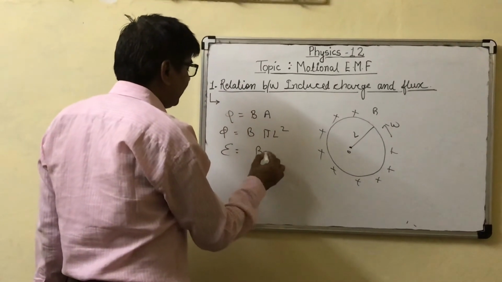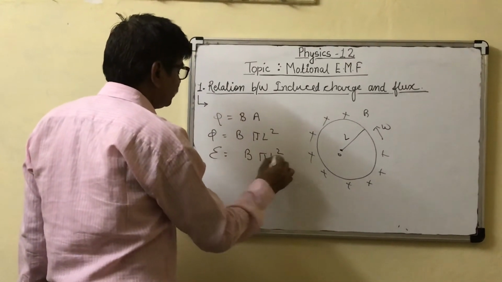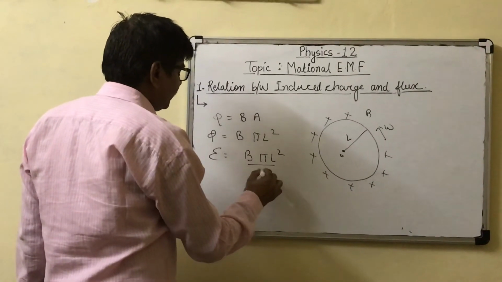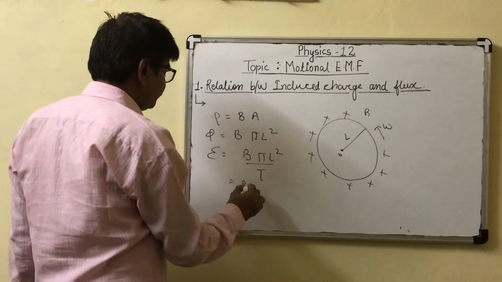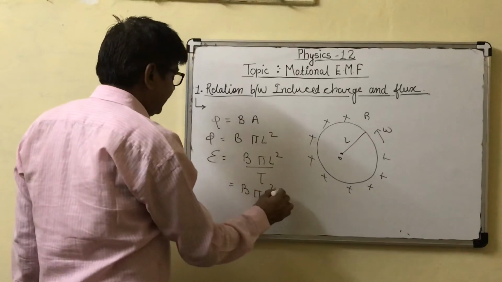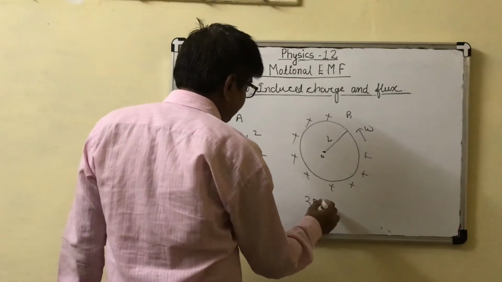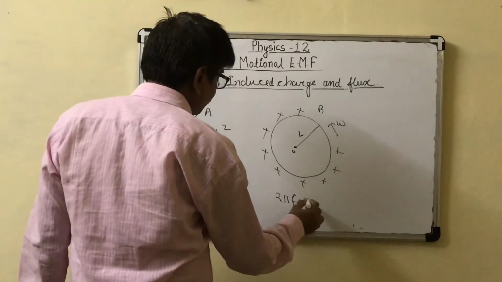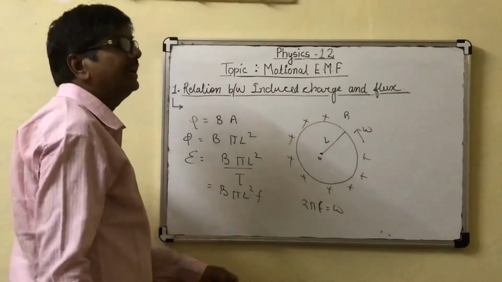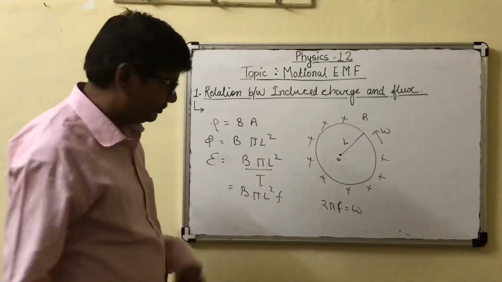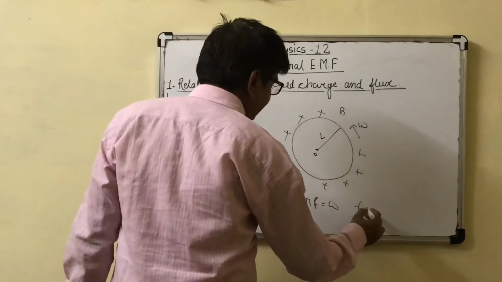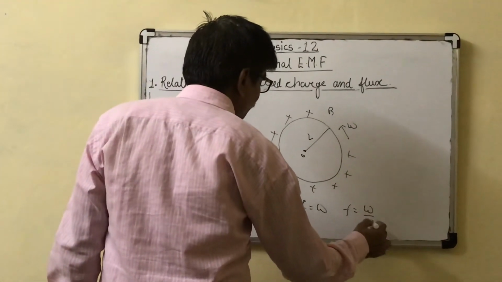So phi is B pi L square, and dividing by the time period T, that is B pi L square times the frequency. 2 pi times frequency equal to omega. Omega is equal to 2 pi nu, or f. So f is equal to omega upon 2 pi.